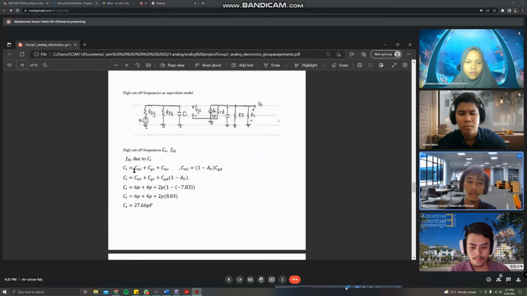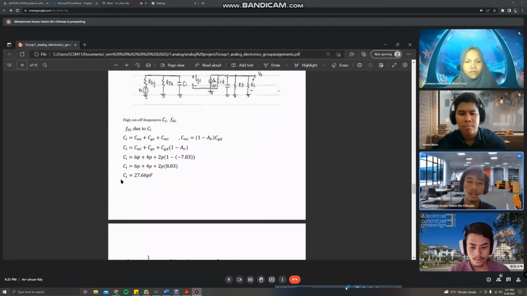We substitute the values already given in the question. We need to find CMi. CMi equals the bracket of 1 minus the voltage gain times the capacitance CGD. We substitute those values and we get the Ci.